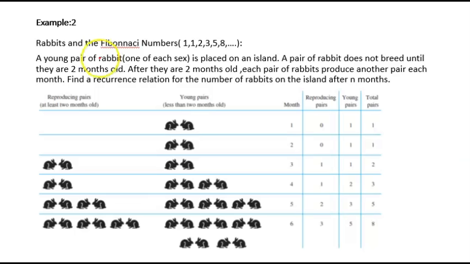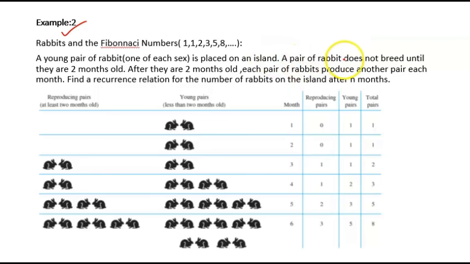Okay. So let us look at the next problem. This is a very interesting problem, which is popularly known as the rabbit and the Fibonacci sequence or number problem. So what is the problem? A young pair of rabbits, one of each sex, is placed on an island.